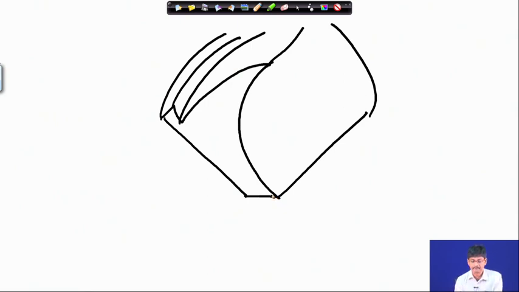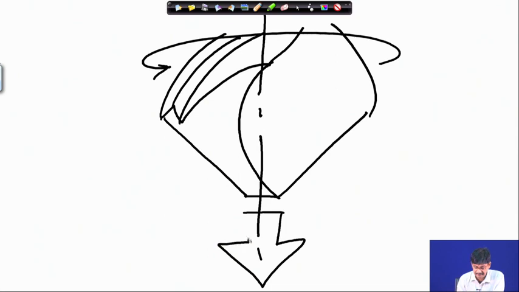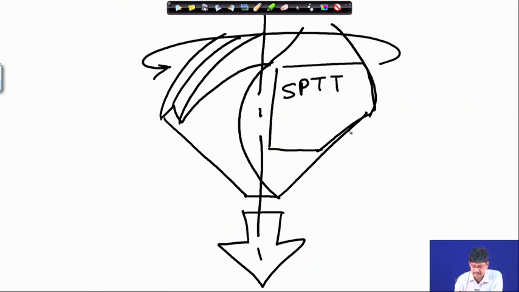When this is rotating, it rotates about this axis, which is the axis of the drill, and the drill proceeds this way. So, how does it compare with the single point turning tool? The single point turning tool can be placed this way, moving this way, this is the feed direction.